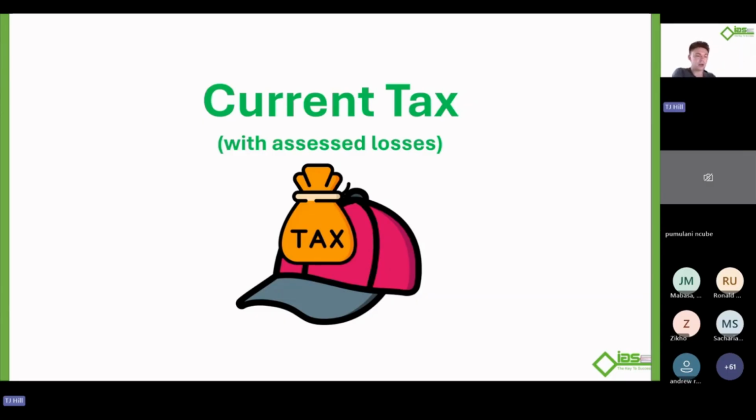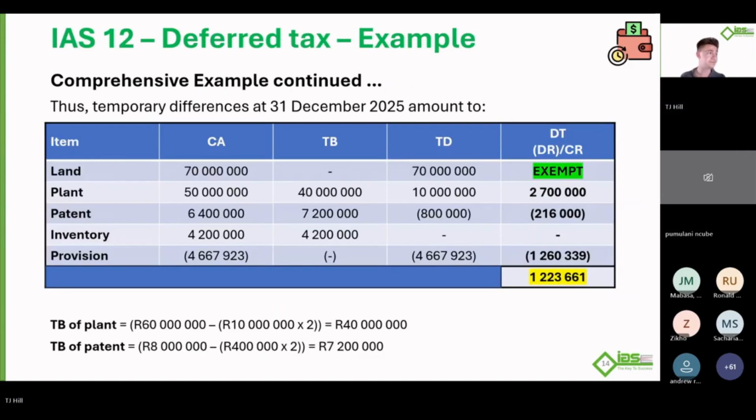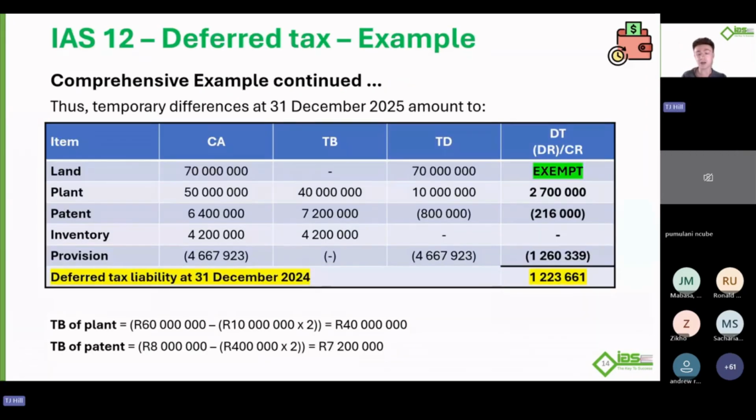So technically, you actually, for each of these items, had to consider if the recognition exemption applies. Okay, so we didn't now go into depth and do that for each one, but technically you have to think about it every single time. And the answer for each of those ones, except for land.